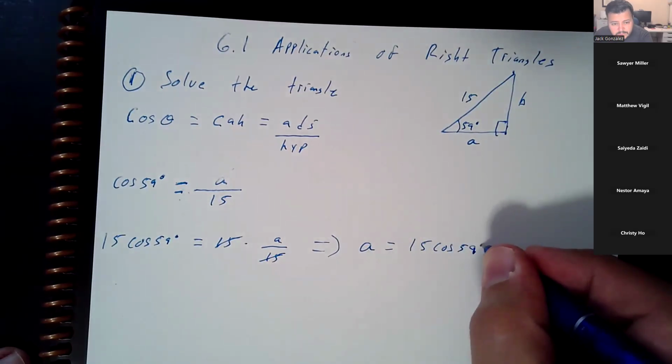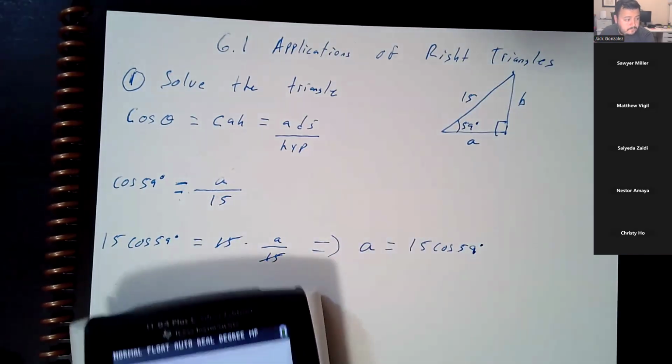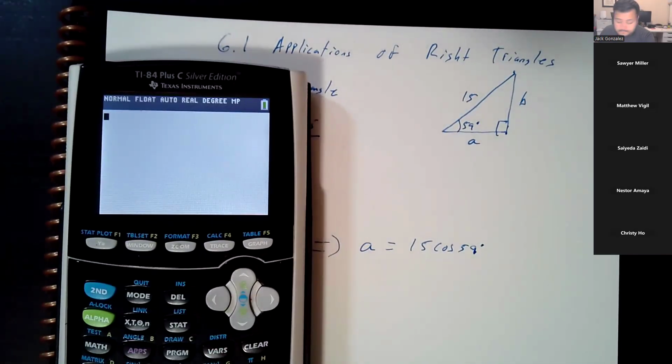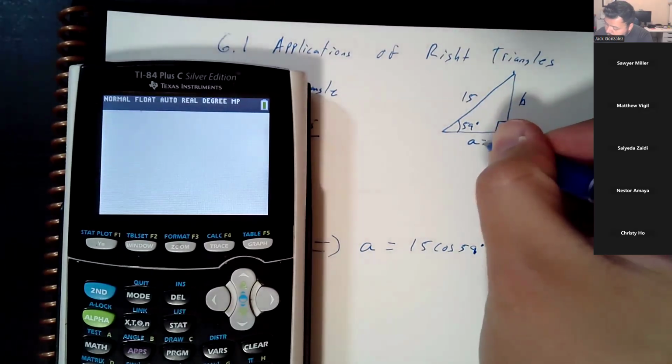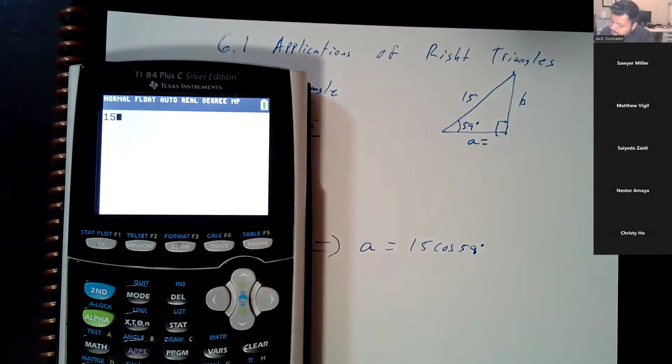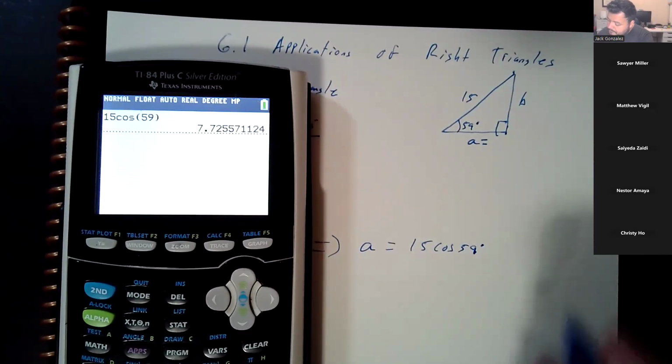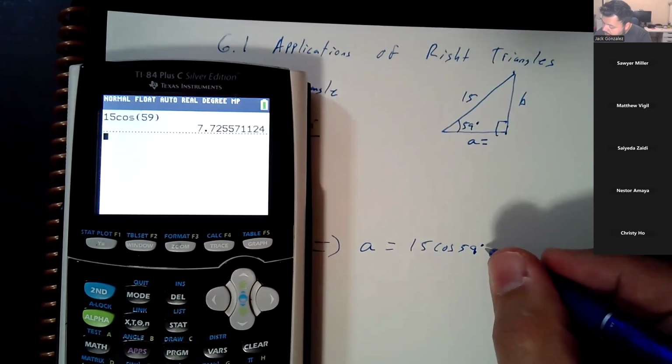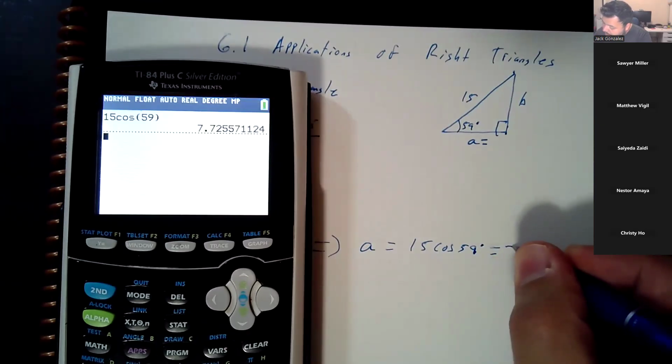The question says to round to the nearest tenth. So that is 7.7.